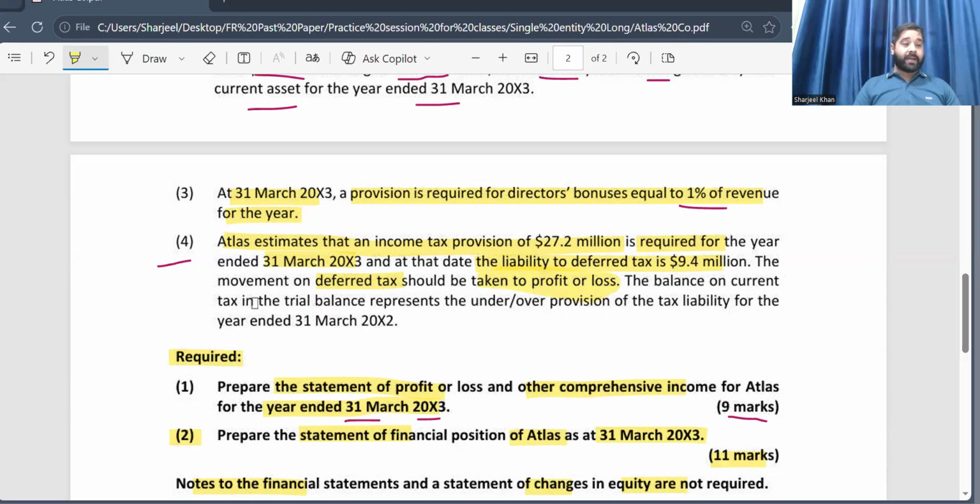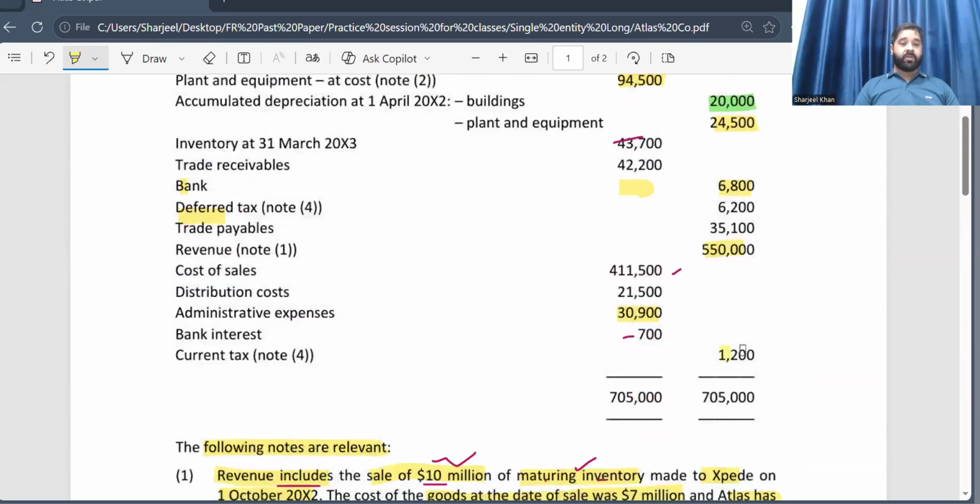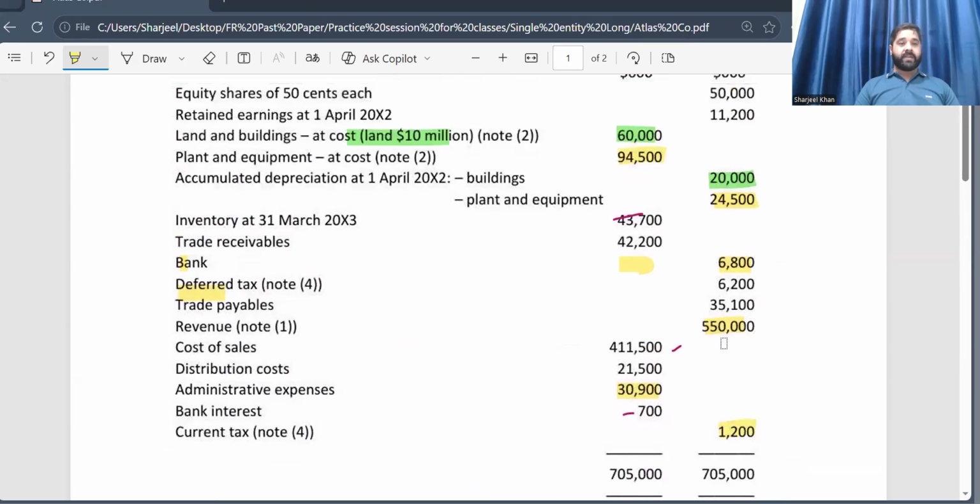The balance on the current tax in the trial balance represents the under or over provision of the tax liability for the year ended this. So any balance here for the current tax will represent under or over provision. So 1,200 is on the credit side. Is it over provision or under provision? What do you think?